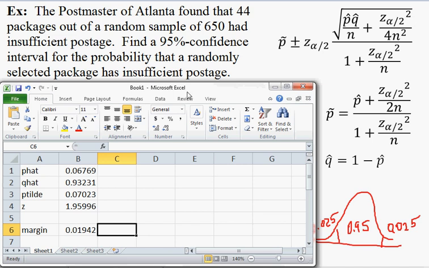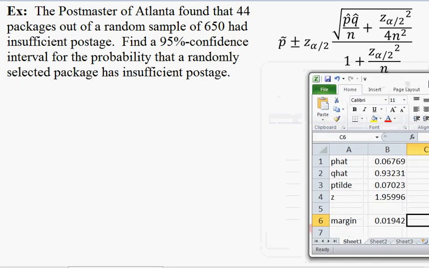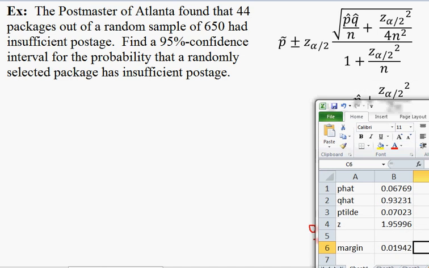So ultimately, we finally get the answer. Let's put it over here. The confidence interval will be 0.07023 plus or minus 0.01942.